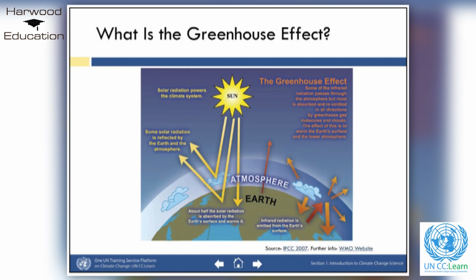Water vapor is the most important greenhouse gas, and carbon dioxide, CO2, is the second most important one. Methane, nitrous oxide, ozone, and several other gases present in the atmosphere in small amounts also contribute to the greenhouse effect.